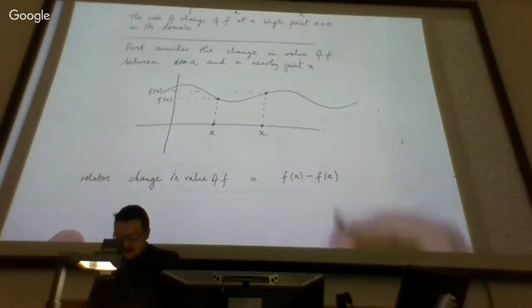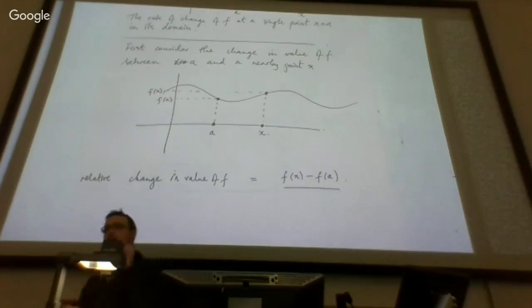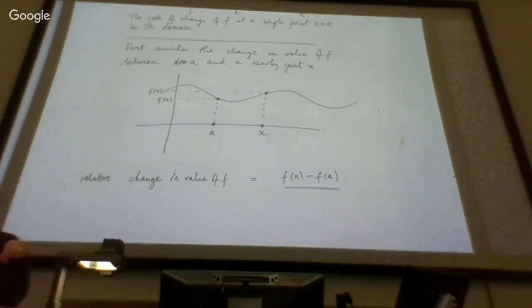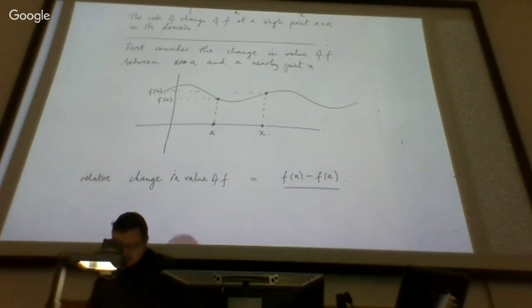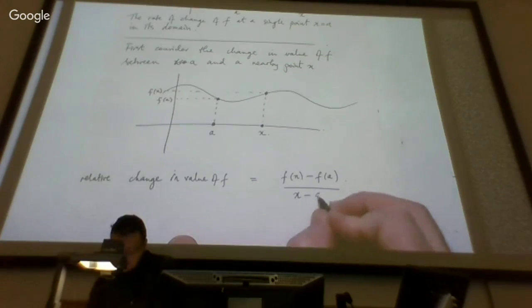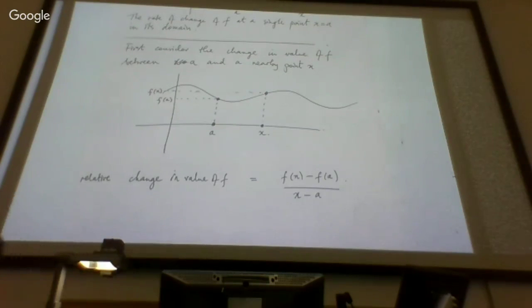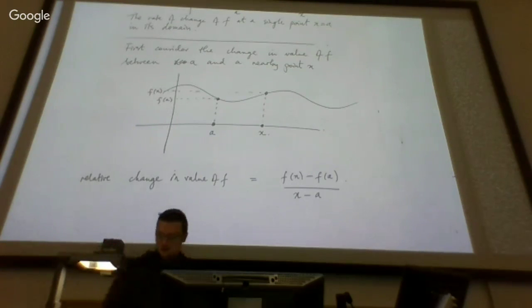So the relative change in value would be the absolute change in value that you see relative to the change in value of the argument, or expressed as a proportion of the change in value of the argument. So that would be this quantity here, where we divide the absolute change in value, f of x minus f of a, by the change in value of the argument to the function.